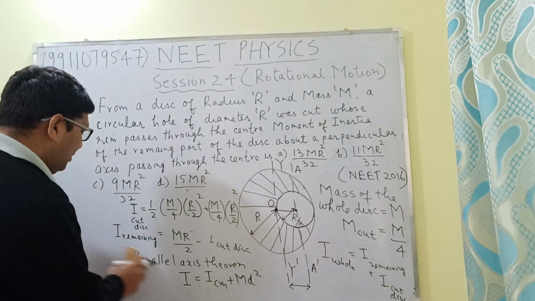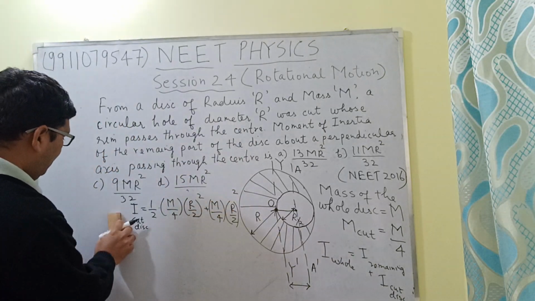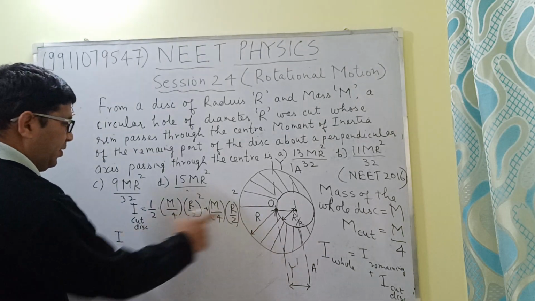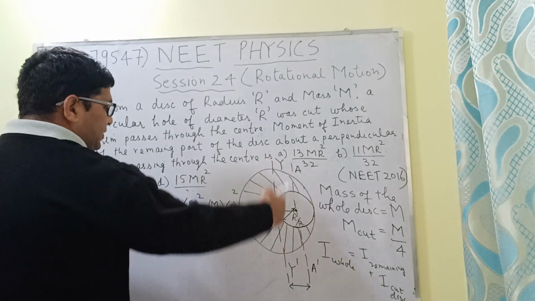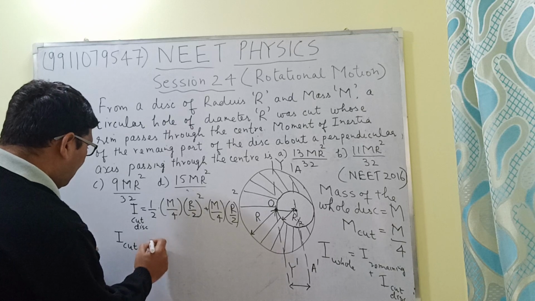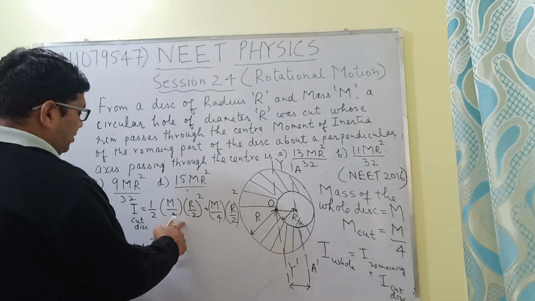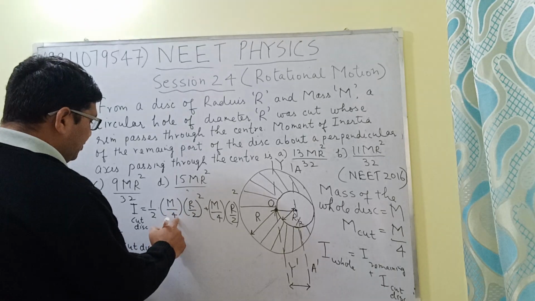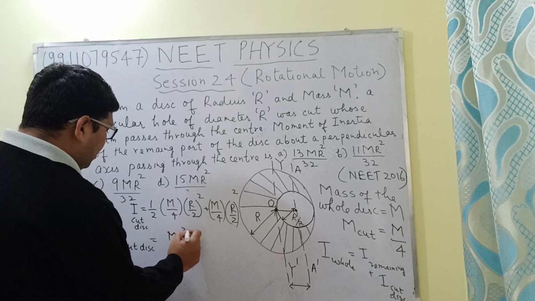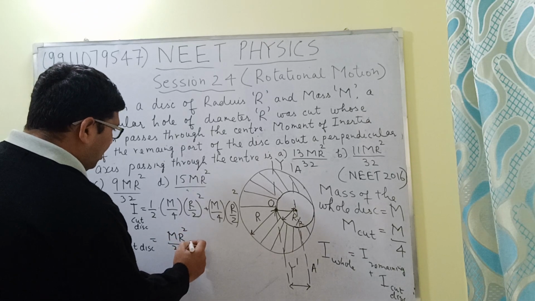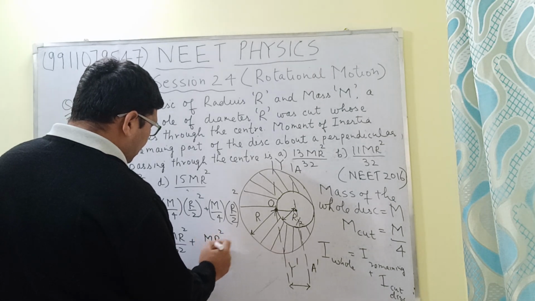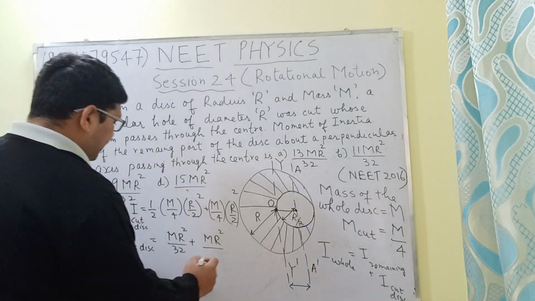So now we have to find the value of I, that is the moment of inertia of this cut disc about this axis y dash. This will be equal to how much? That is equal to mr square divided by 4 times 1 by 32, plus mr square divided by 16.